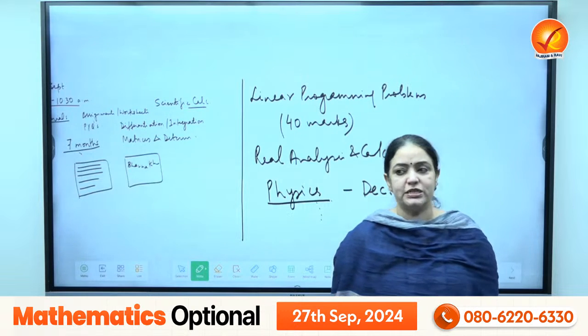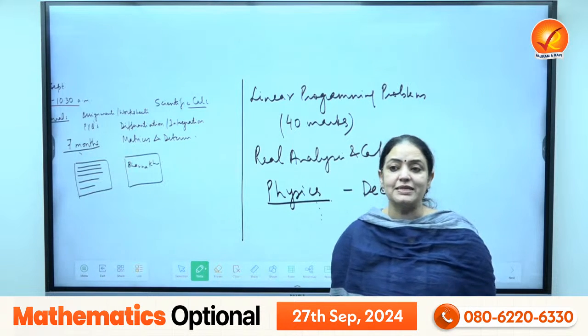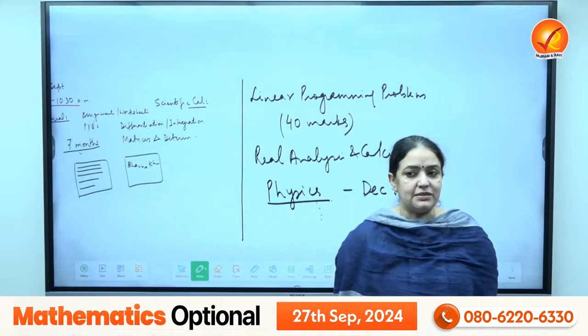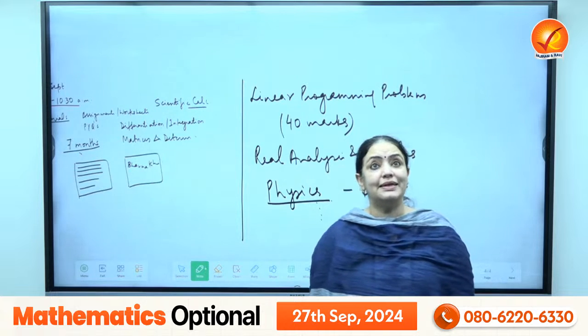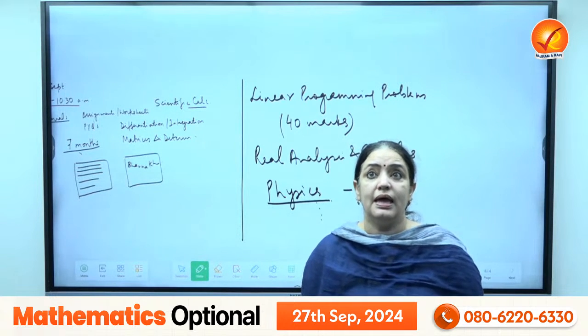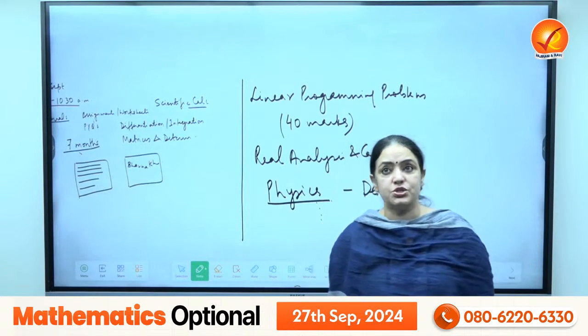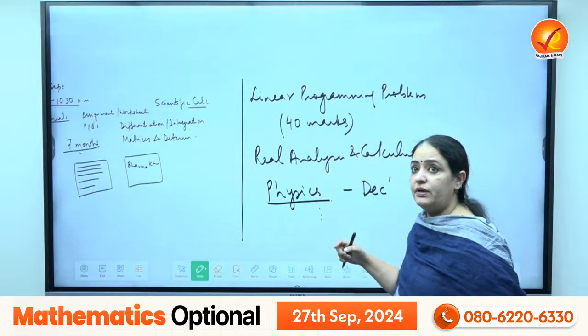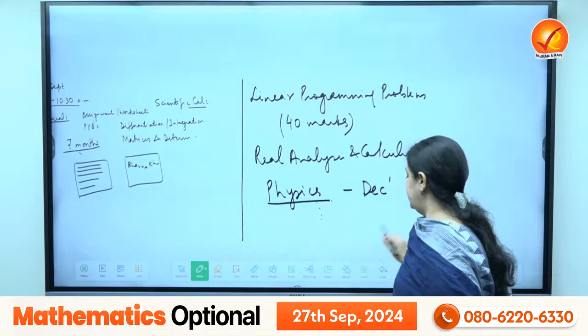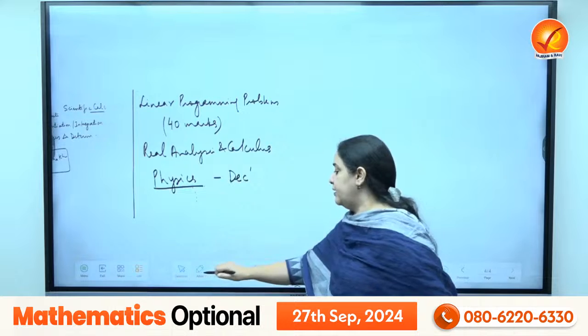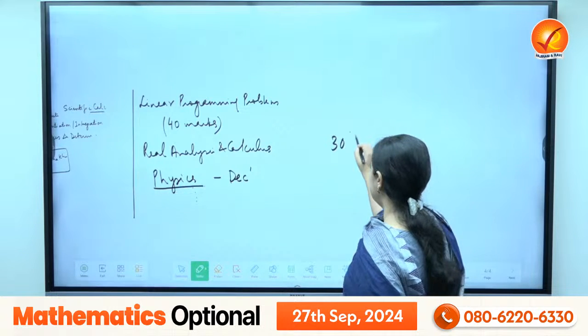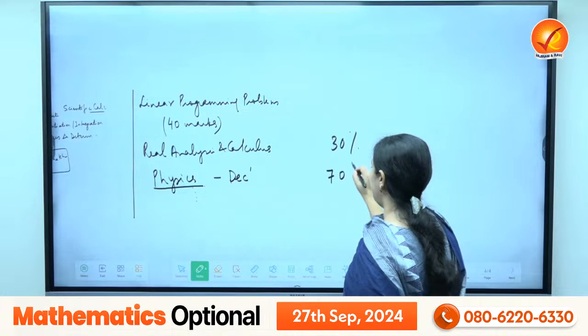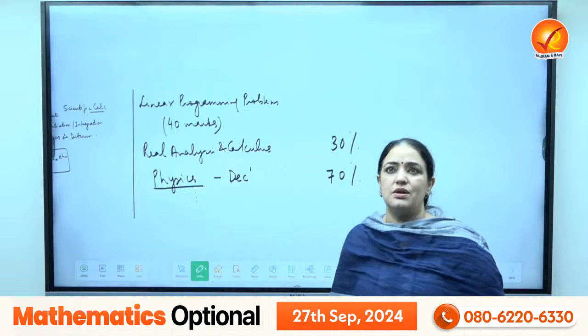Your optional is actually a specialization, right? So you're specializing in maths if you take maths as your optional. So the papers are at graduation level, okay? And in the exam, they are not just all theorems, definitely not. No, that is wrong. There are about 30% theorems and the remaining are practical questions, right?